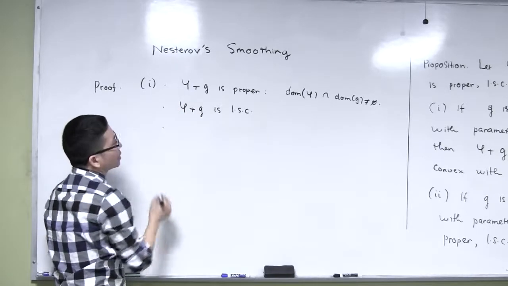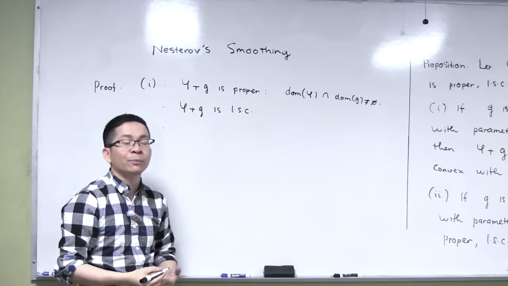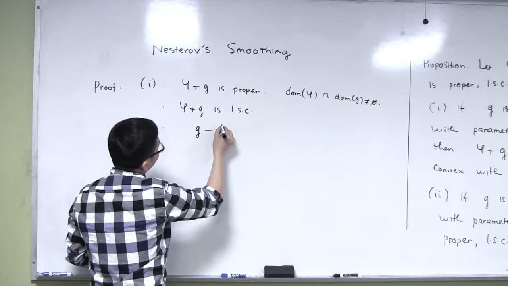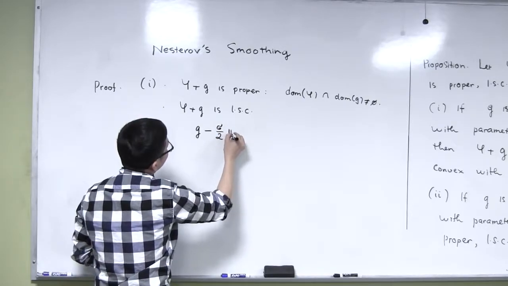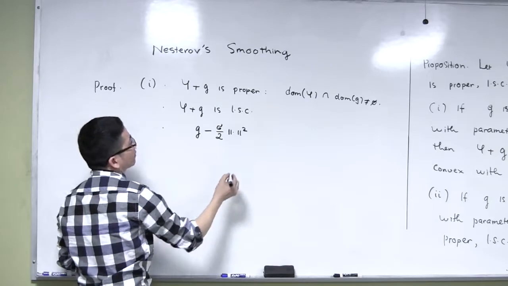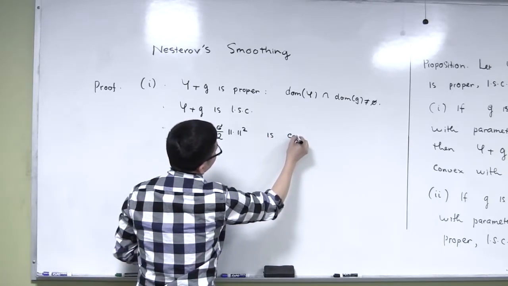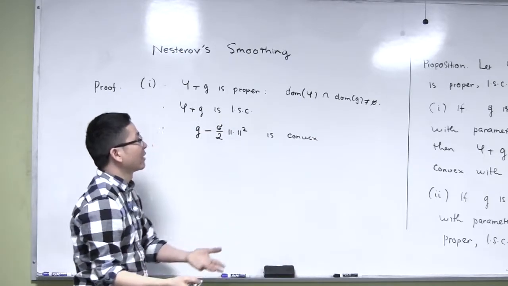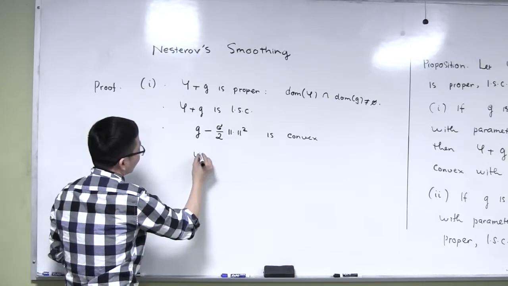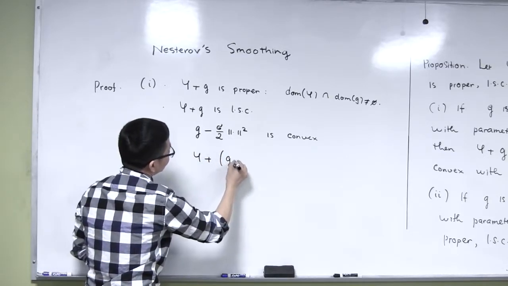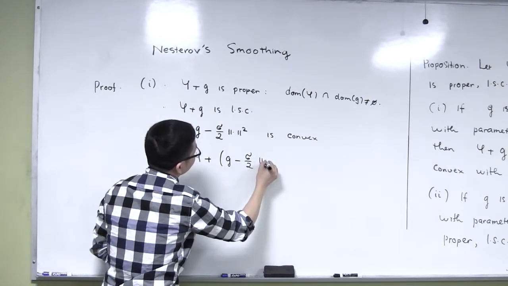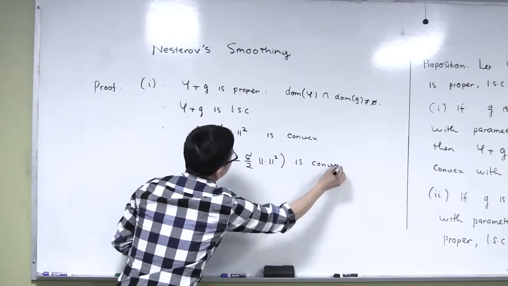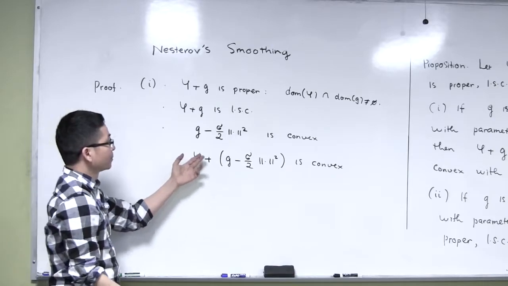Because g is strongly convex with parameter sigma, as you can see from the definition, g minus sigma over 2 times the squared norm function is convex. Now, because phi is a convex function, you're going to see that phi plus g minus sigma over 2 times the squared norm function is convex as well. Why?